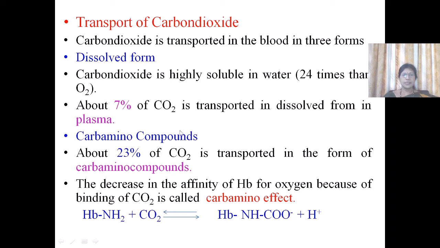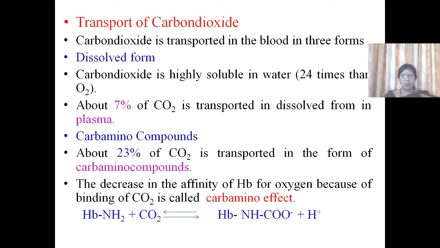And next is the formation of carbamino compounds. About 23% of carbon dioxide is transported in the form of carbamino compounds. Carbon dioxide reversibly reacts with the hemoglobin and forms carbamino compounds.